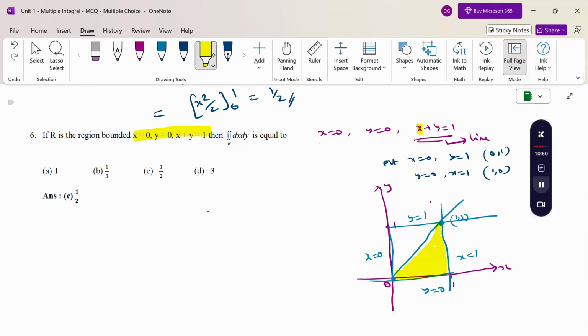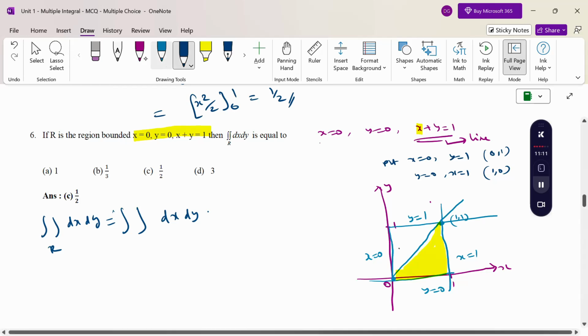Now suppose dx dy, to calculate the region, double integration dx dy, x range first. This is the region. So double integration, suppose dx dy, then first consider x. What are the limits? This is x plus y equal to 1.